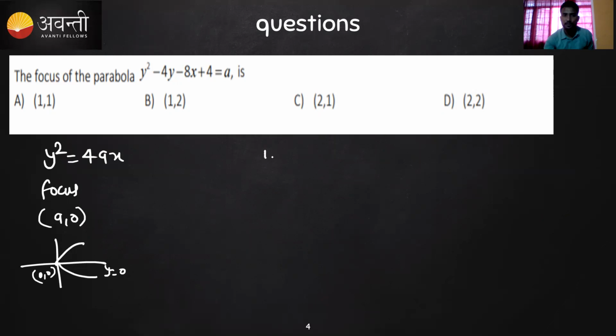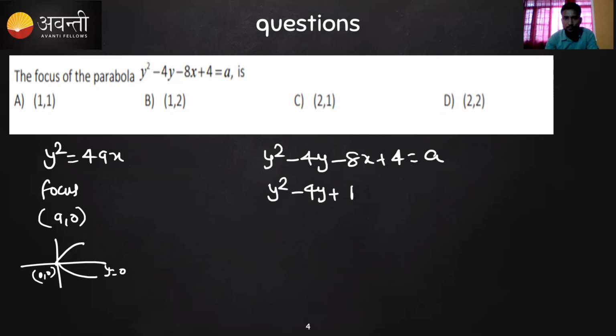But here you can see it is also a parabola, but not in that form. So what we can write is y square minus 4y plus 4 is equal to 8x plus a. Right, guys?